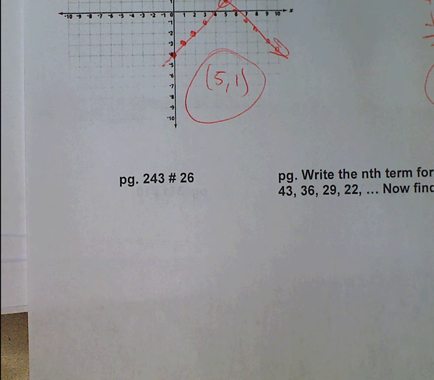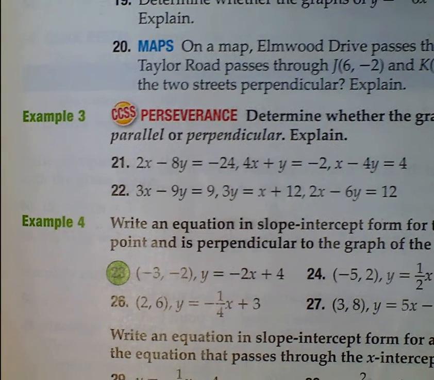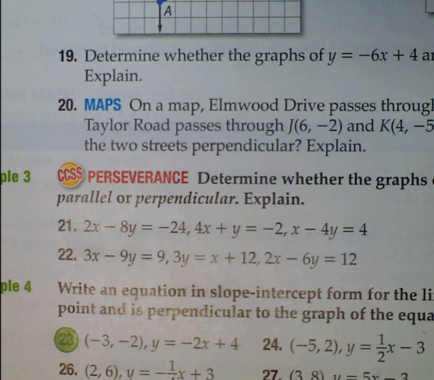Page 243, number 26. It says write an equation in slope-intercept form for the line that passes through the given point and is perpendicular to the graph of the equation.